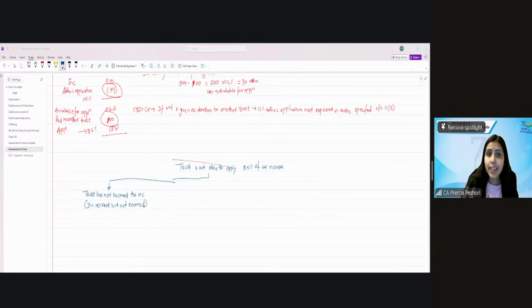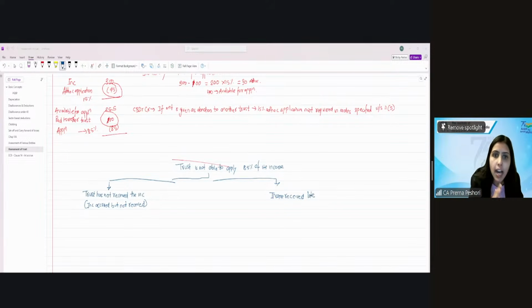Or in the second situation, I have received the income, but it is received very late. Let's say I have received the income in the last week of March.